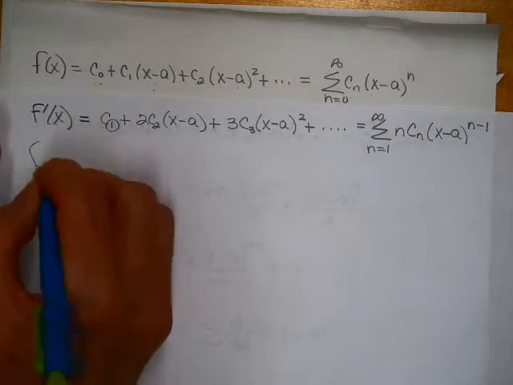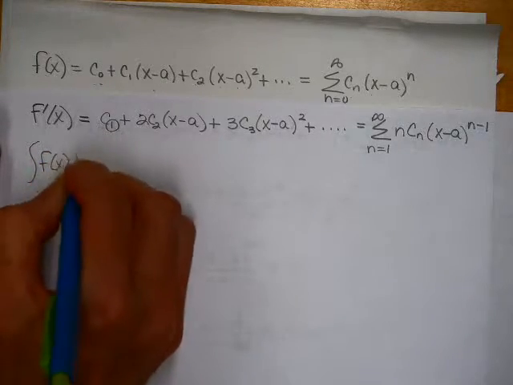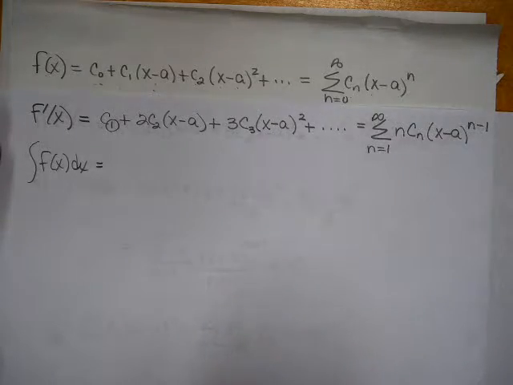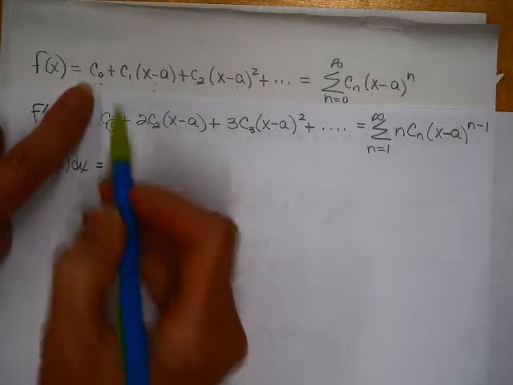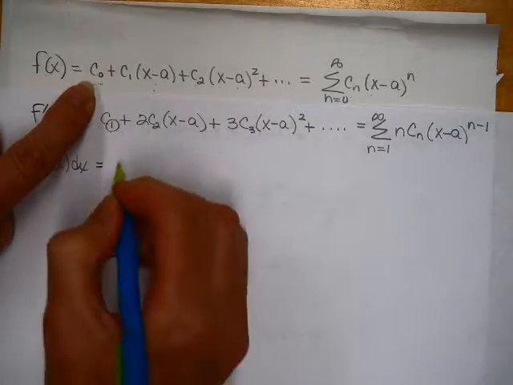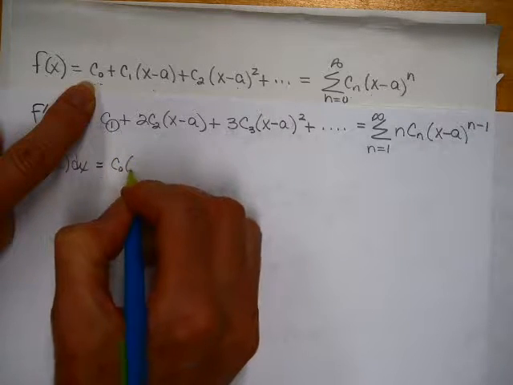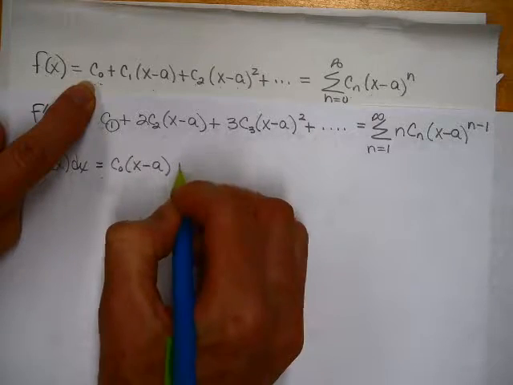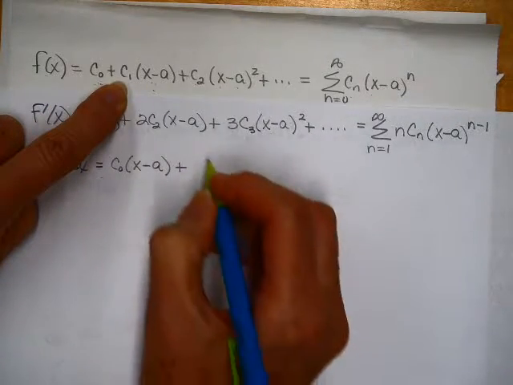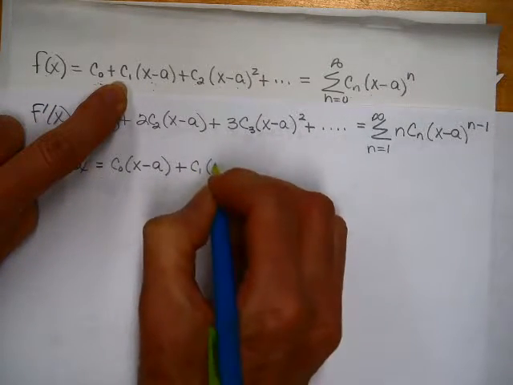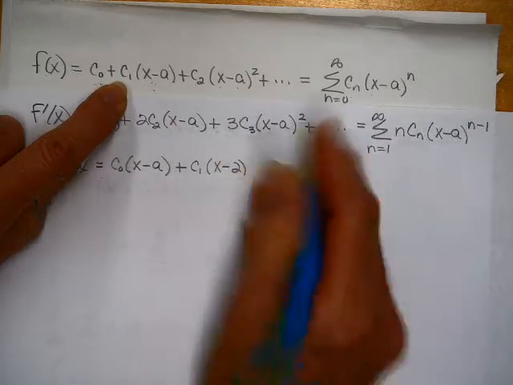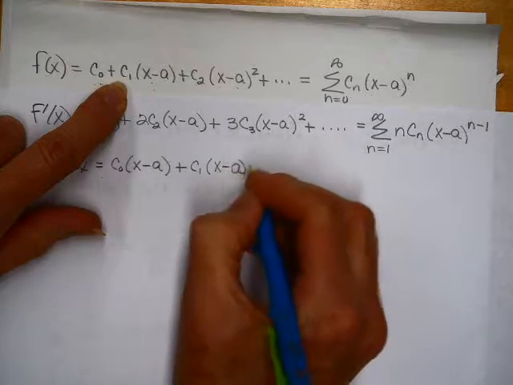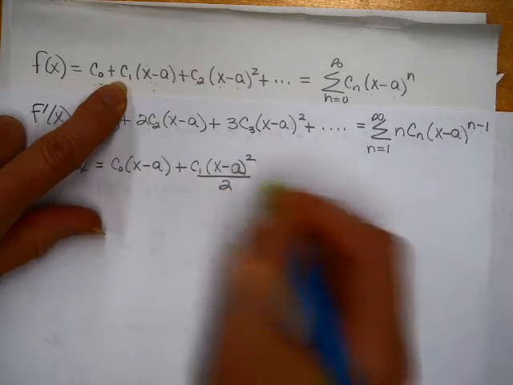You can integrate a power series with respect to x. If you integrate the c sub 0, you get c sub 0 times x minus a. Plus, if you integrate this one, you get c sub 1 times x minus a squared over 2.